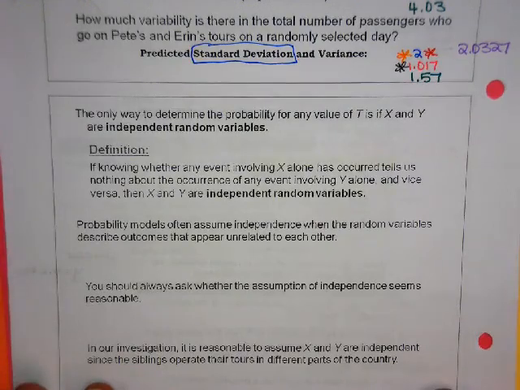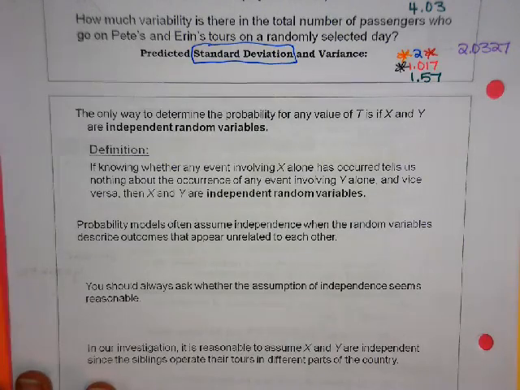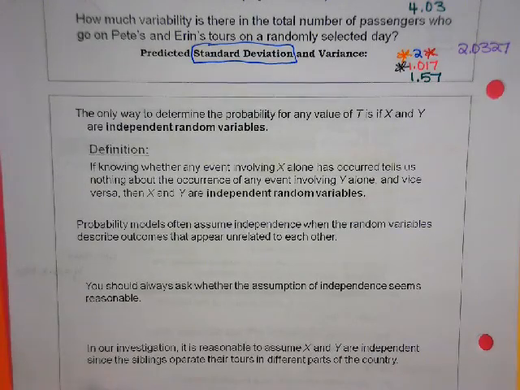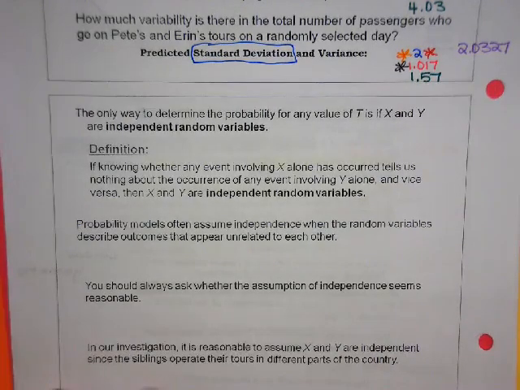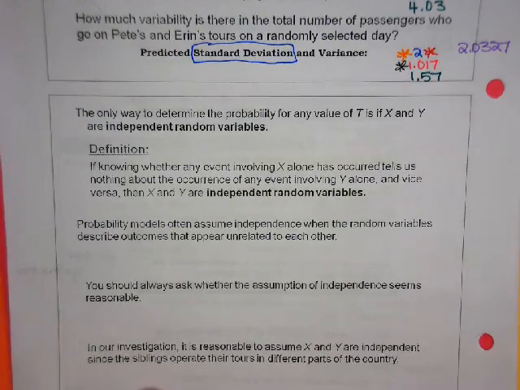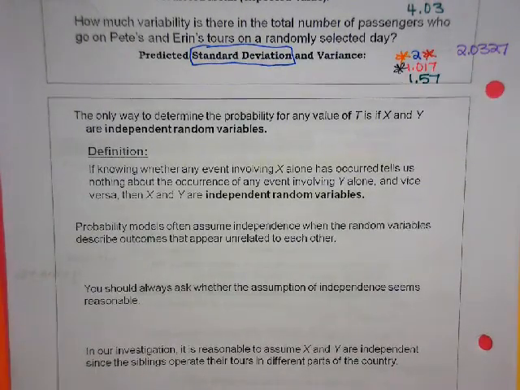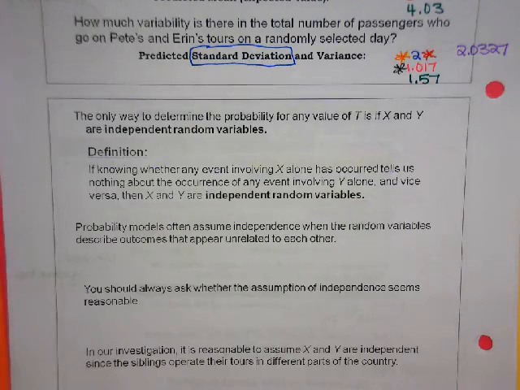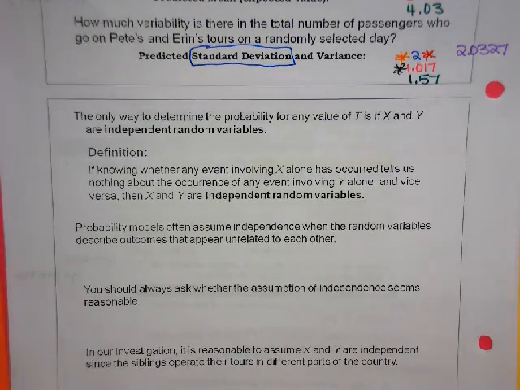Well, the way we're going to say that they are independent is we're going to say they're not competitors. We're going to say they're on opposite sides of a country so that Pete's not stealing Aaron's passengers and Aaron isn't stealing Pete's. So then we can assume that they're independent, and that's down here at the bottom.